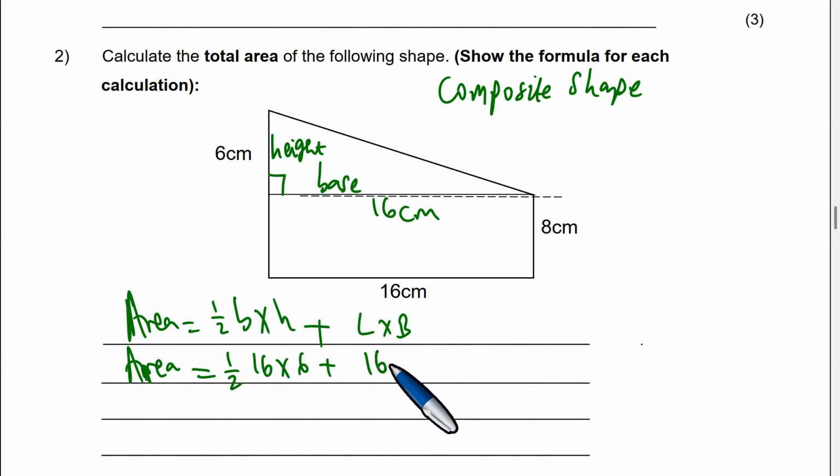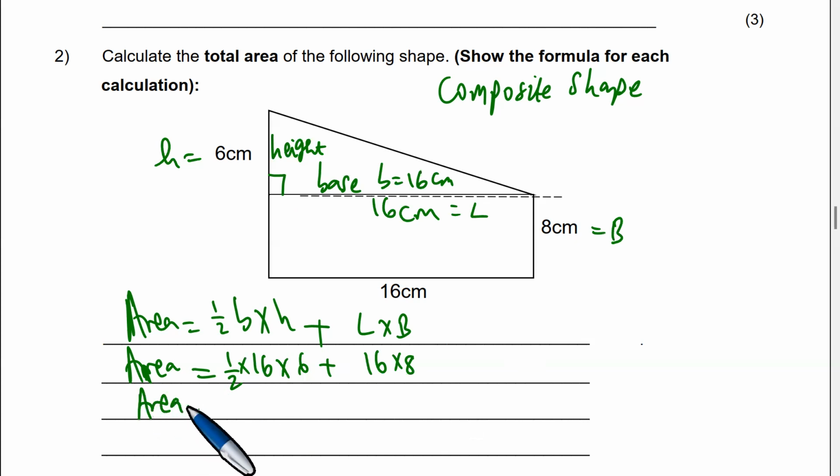The length of this rectangle is 16, and the breadth or the width is 8. So we have a rectangle here, this one is the length, and this is the breadth. So right here, the base is 16, and the height is 6.